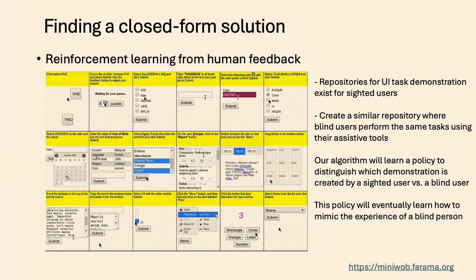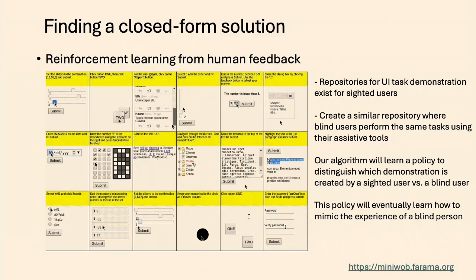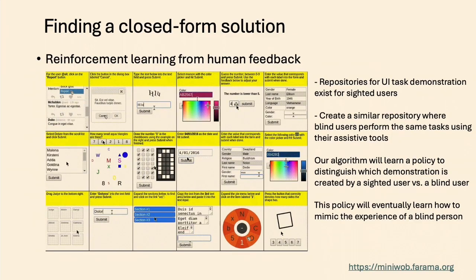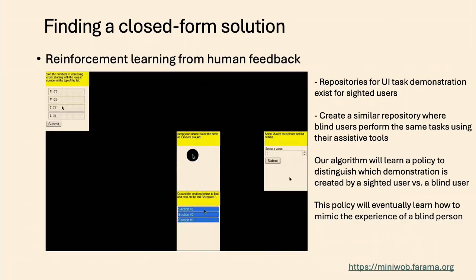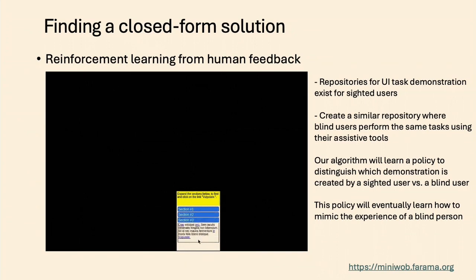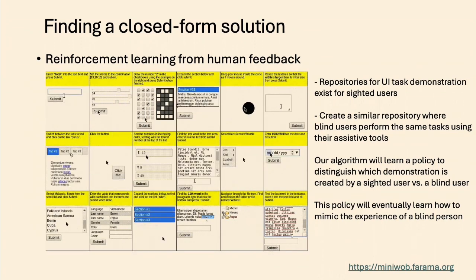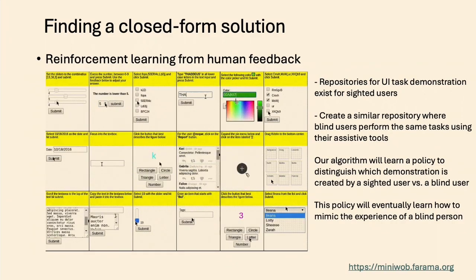And then we learn a policy so that the policy will distinguish which activity or trace is created by a sighted person or which is created by the blind person. By learning that distinction, we hope that our algorithm will learn what it means to be a blind person. And that's how we can bridge the gap.